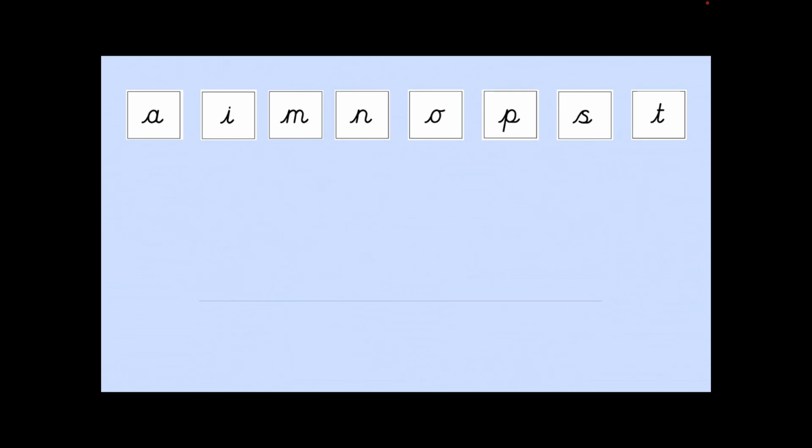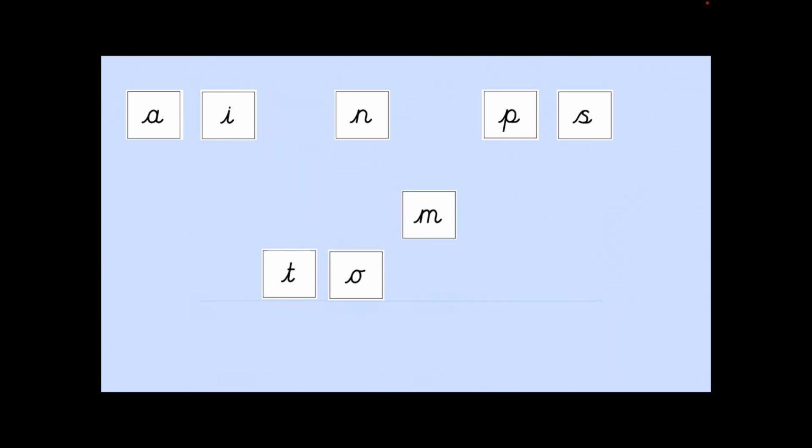We'll start with Tom. T. I need the T. O. I need the O. And I need the M. Now, if we were writing it, you're quite right, we would put a capital T. You could write the word out if you'd like to.